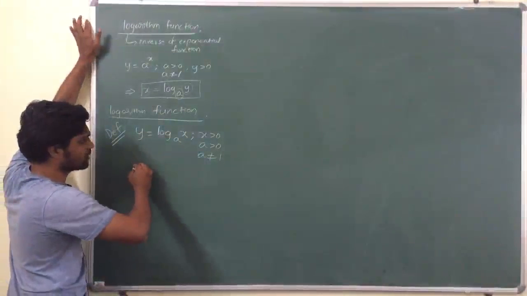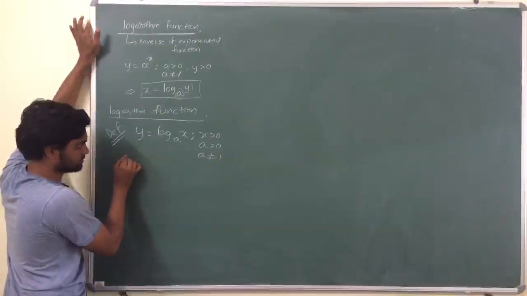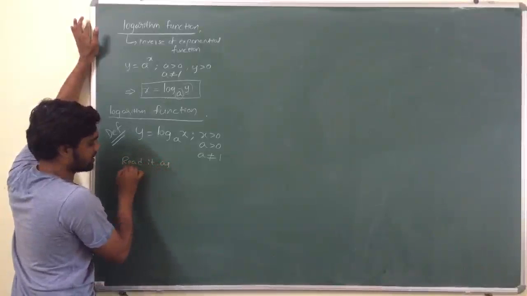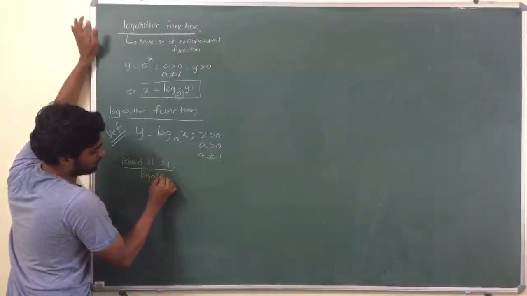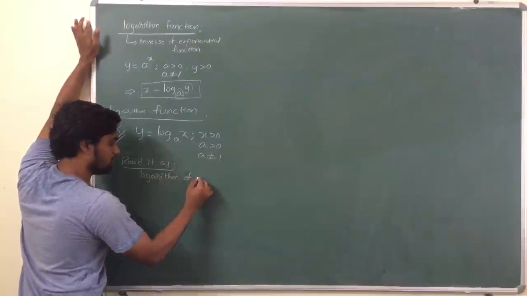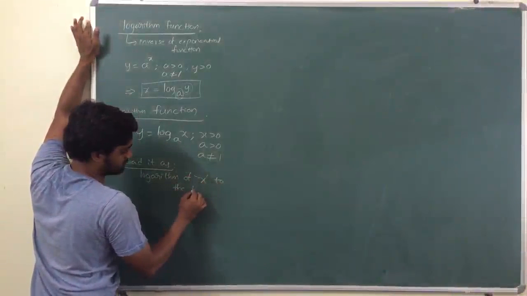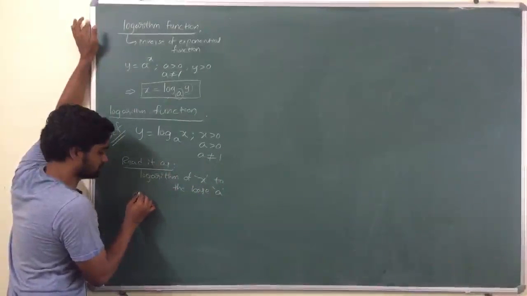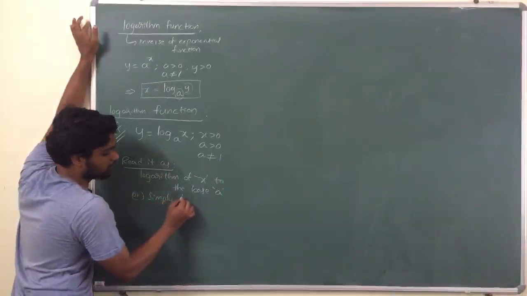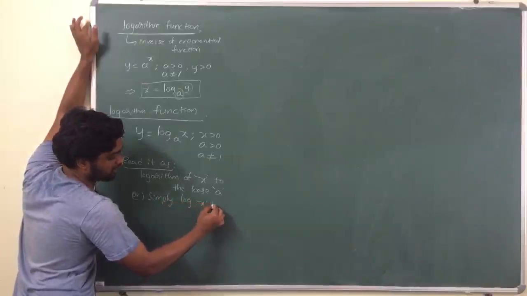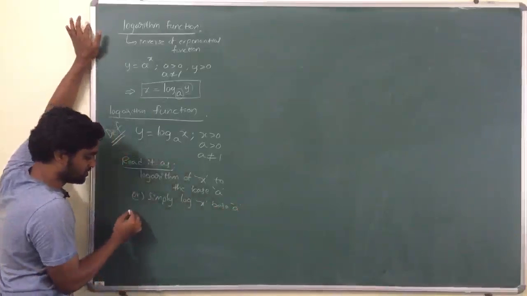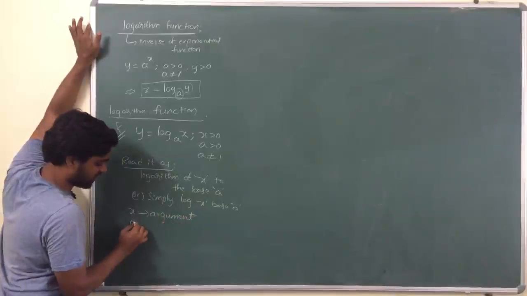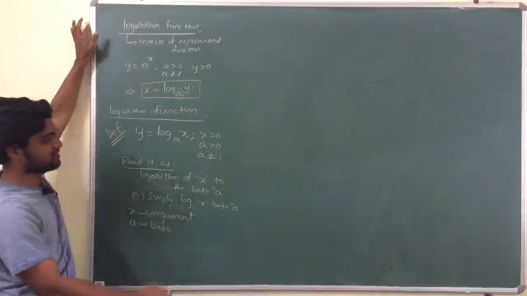Now see the conversions. Read it as logarithm of x to the base a, or simply log x base a. x is known as the argument of the logarithm, whereas a is known as the base.